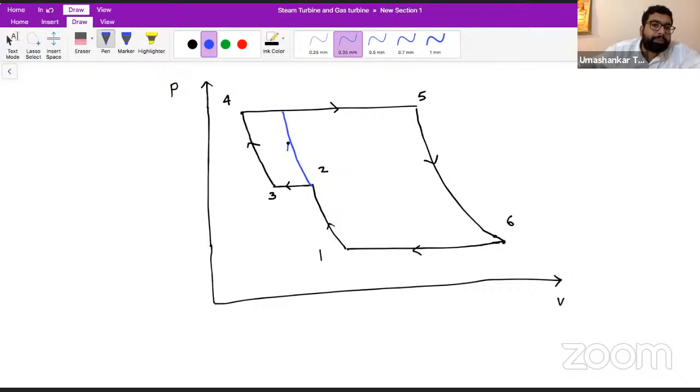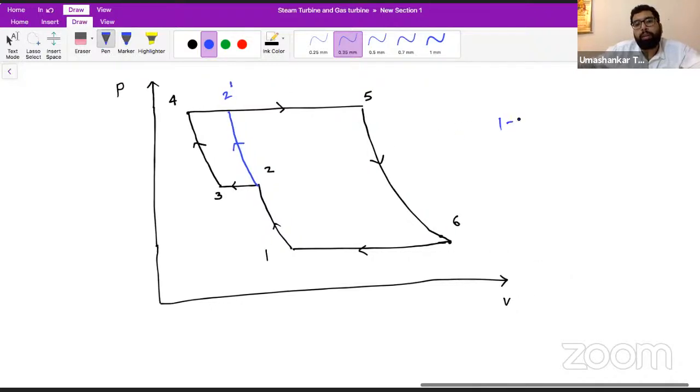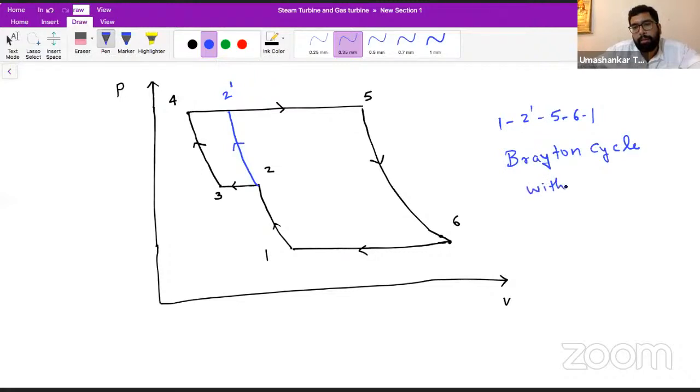So what is this? 1 2 5 6 1 is the Brayton cycle without intercooling, or we can say without compressing in two stages. So obviously we are compressing in one stage.